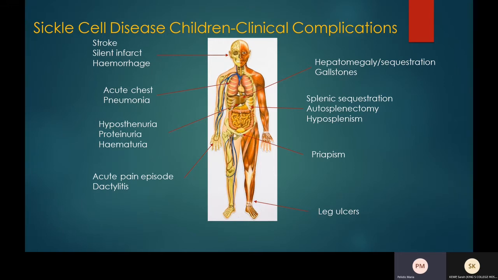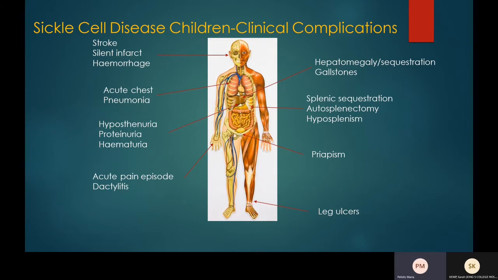From a very young age, there are kidney problems in children with sickle cell disease. They are unable to concentrate urine as well as other people do, and therefore they produce large amounts of dilute urine. In the first decade of life, children can spill protein into the urine and can sometimes present with hematuria.